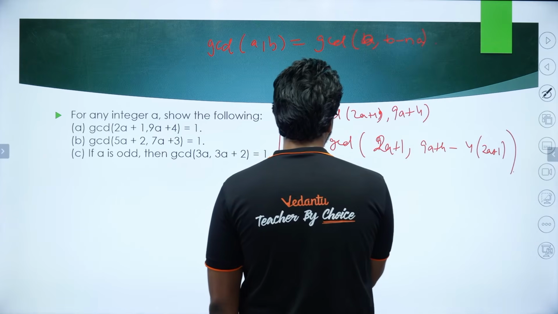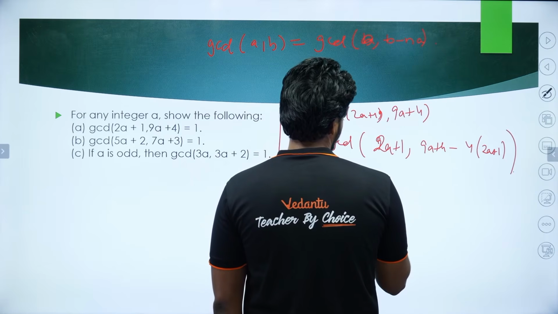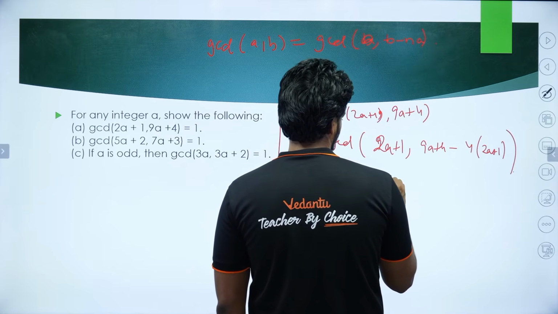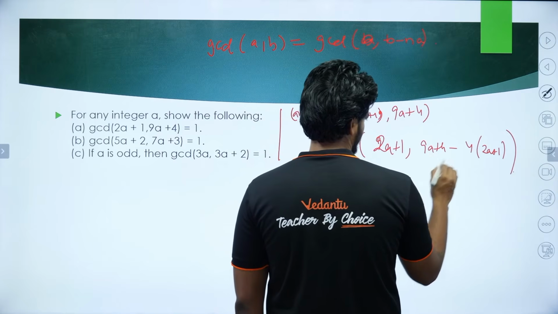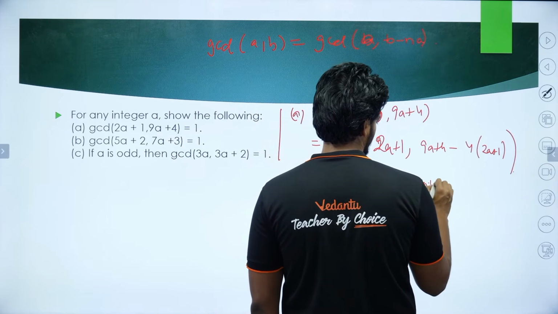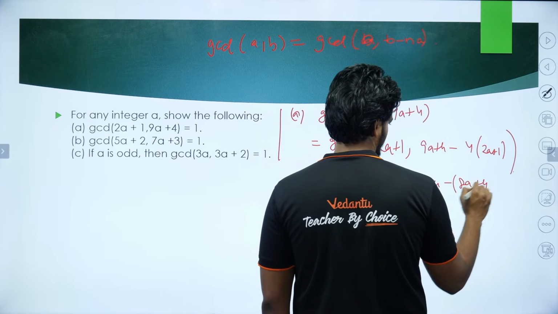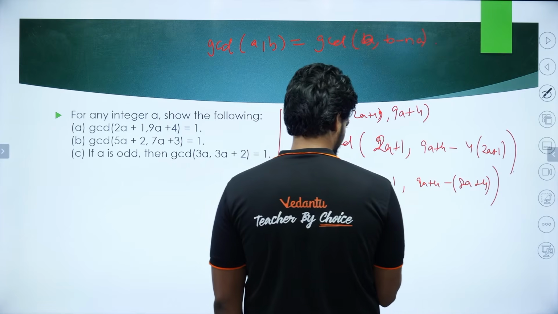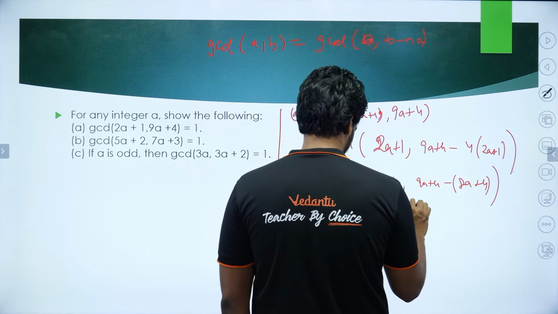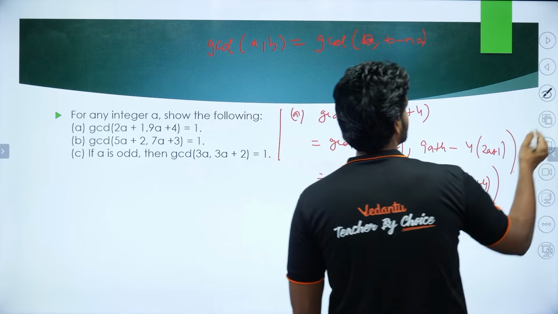And that is equal to GCD of 2a plus 1 comma 9a plus 4 minus 8a plus 4. So that is simply GCD of 2a plus 1 comma a.